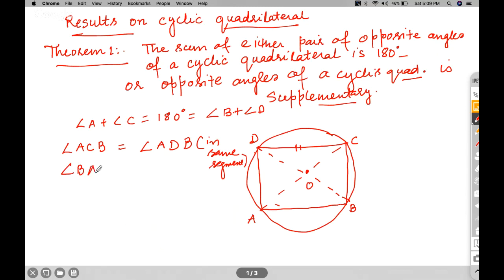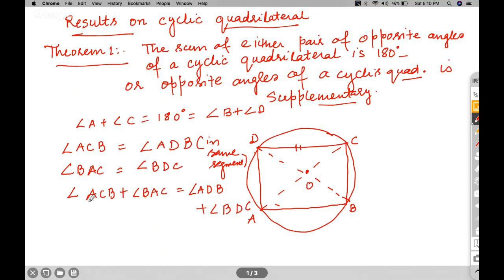Similarly, angle BAC would be equal to angle BDC. So if I add them, angle ACB plus angle BAC is equal to angle ADB plus angle BDC.